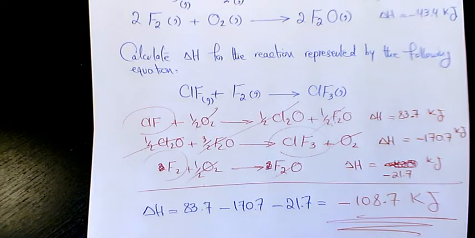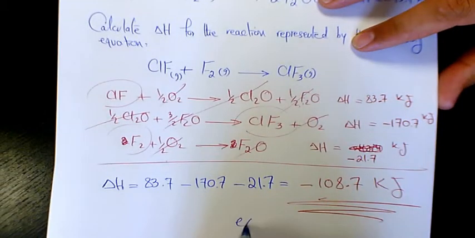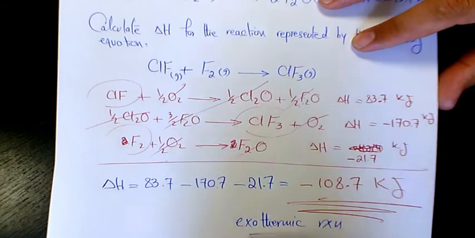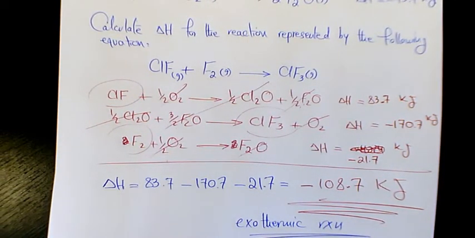That's the reaction. It is exothermic. It is negative, so it's an exothermic reaction. So that's how we find out the enthalpy change for this reaction. Let's see another example.